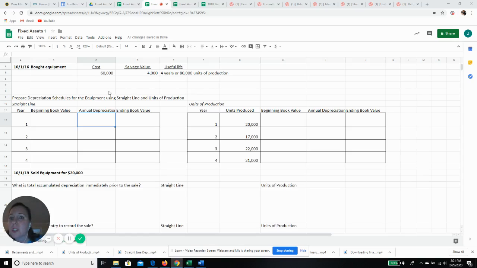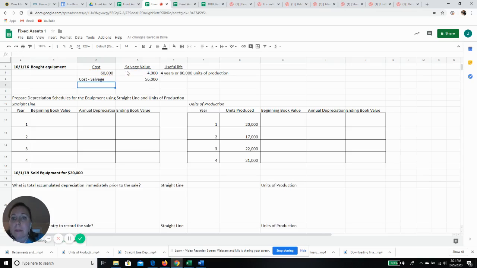Okay, so first thing I need to do is calculate my depreciation. So my cost minus salvage for straight line is going to be 60,000 minus 4,000, or 56,000.